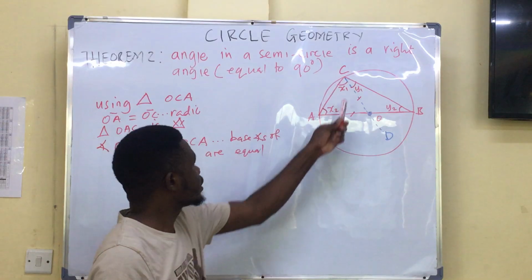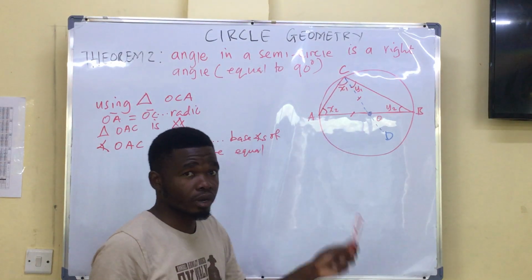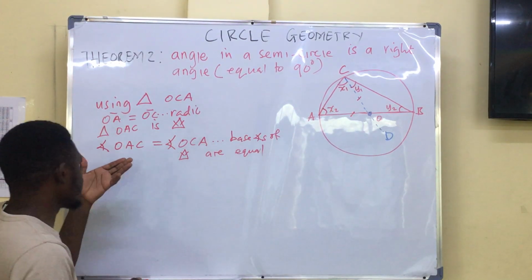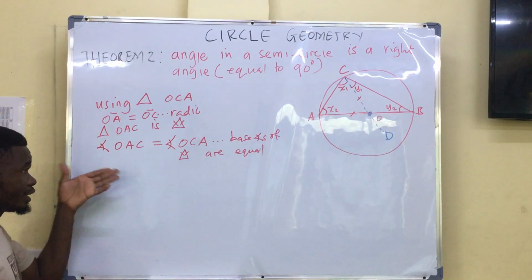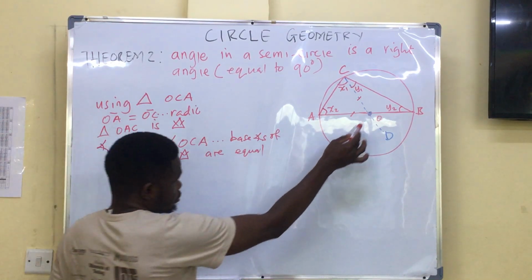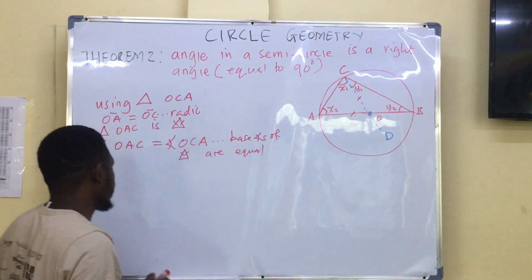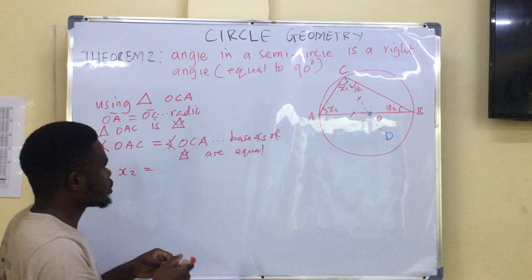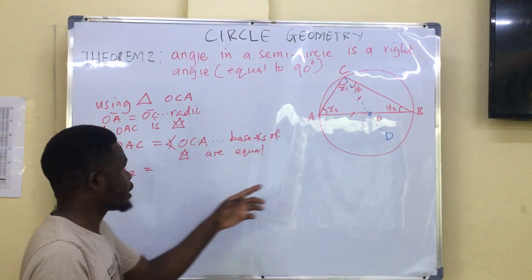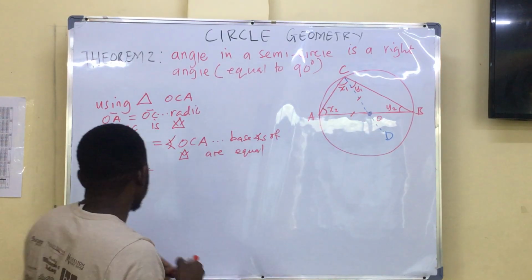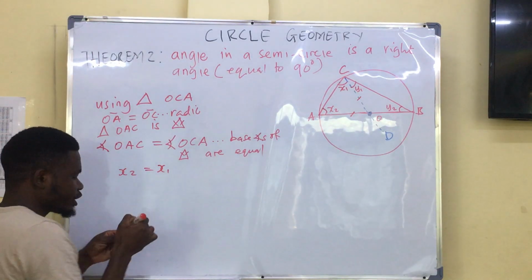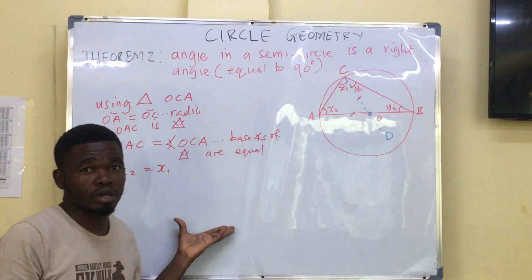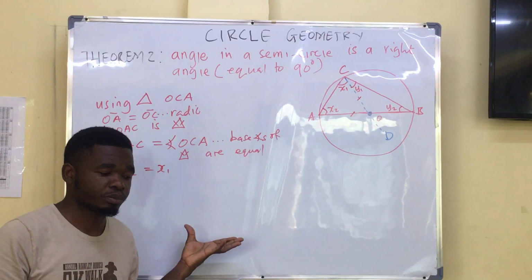That's why I said that this angle and this angle are equal, right? So what's the value of angle OAC? OAC is x2, right? What about angle OCA? OCA is x1. Meaning that x2 is equal to x1. Here we are together, I hope so. Fine.